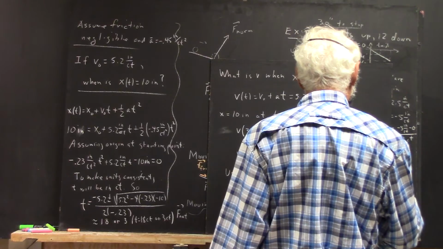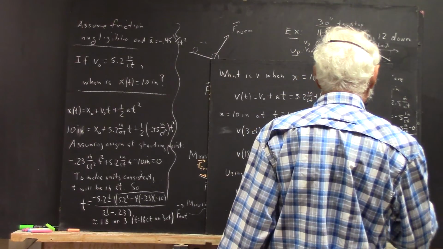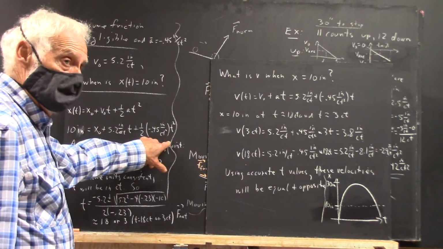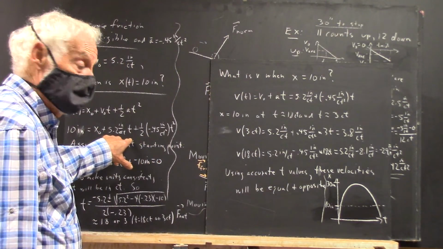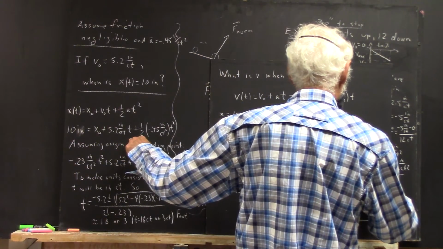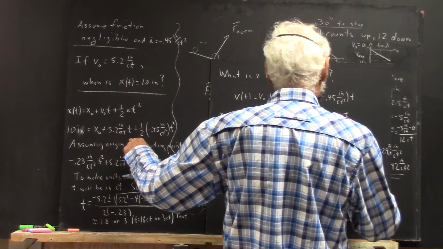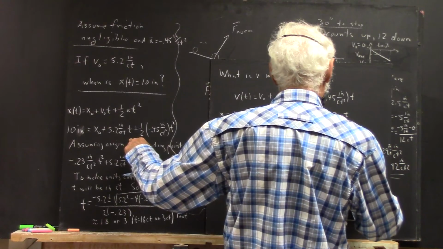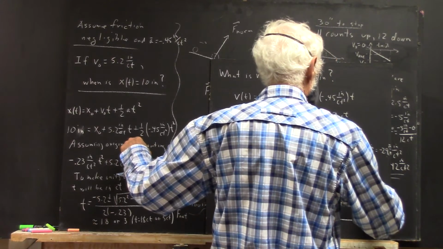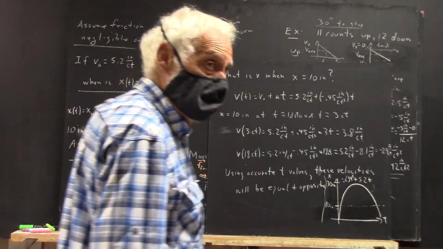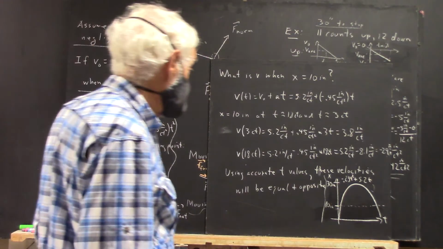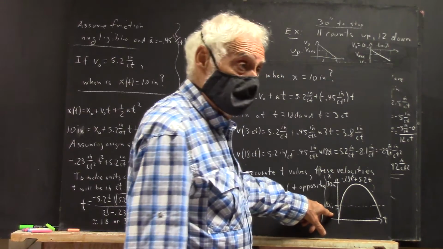And your quadratic equation sets this function, this one here, then I'll write as negative 2.3 t squared plus 5t. Okay? And that's set equal to 10 inches.